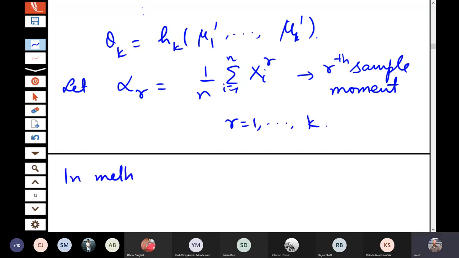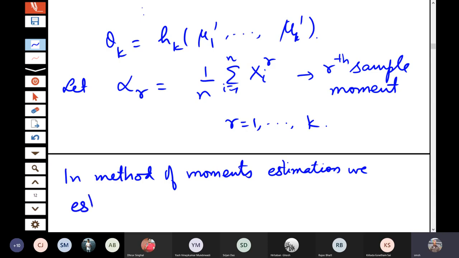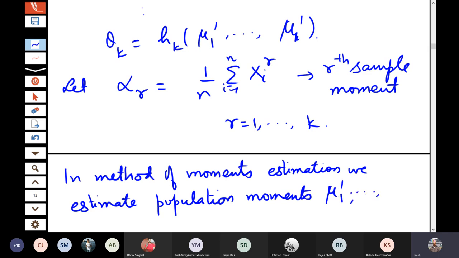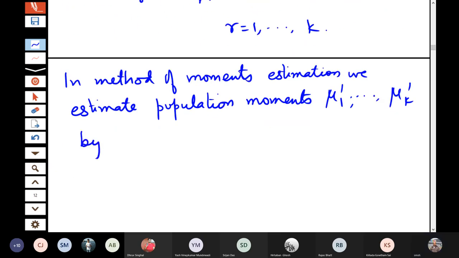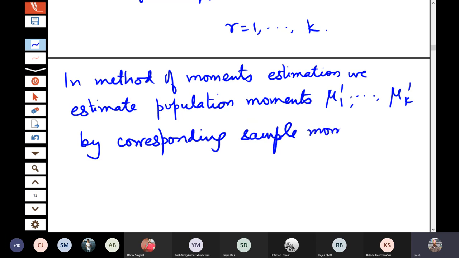So in method of moments estimation, we estimate the population moments mu1 prime, mu2 prime, mu k prime by the corresponding sample moments alpha 1, alpha 2, alpha k.